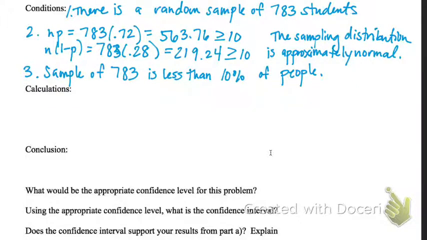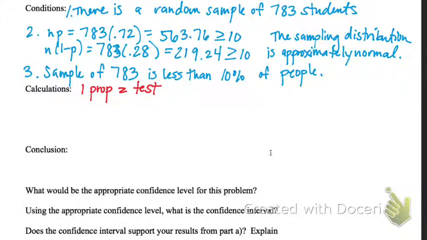Okay, calculations. The first thing you need to do, and this is something that a lot of people forgot, name that test. It is a 1 prop Z test. Because you had to name it.